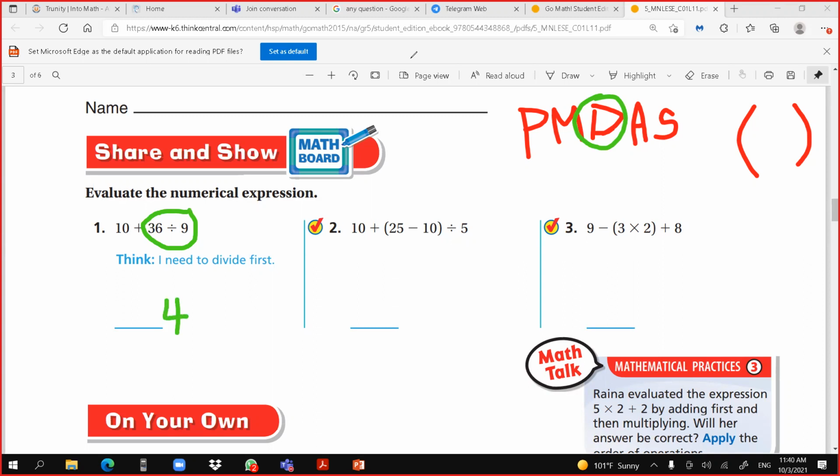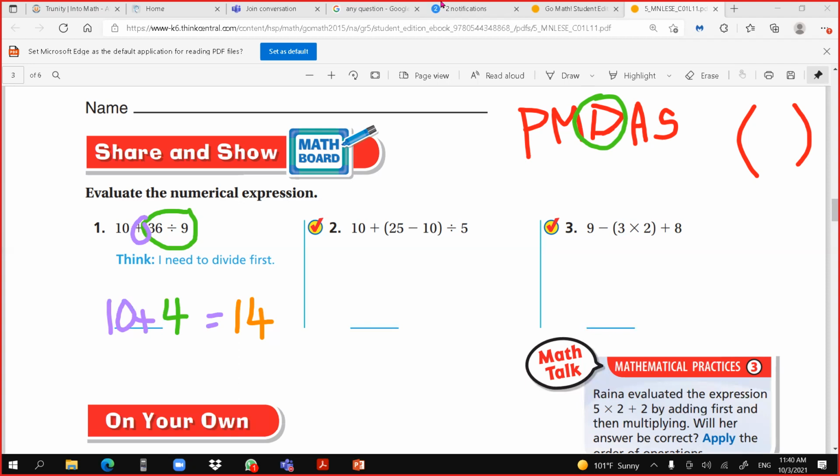Then you write the plus sign down and the number 10 down. Then 10 plus 4 is 14. That's it. Did you understand now?